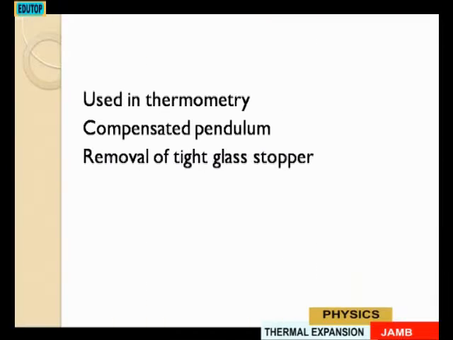Then it is also useful in thermometry. We are going to talk about that when we get to temperature and its measurements. Then number 5, it is useful in a compensated pendulum. Then finally, it is also useful in the removal of tight glass stopper. And those are the advantages of expansion or expansivity.